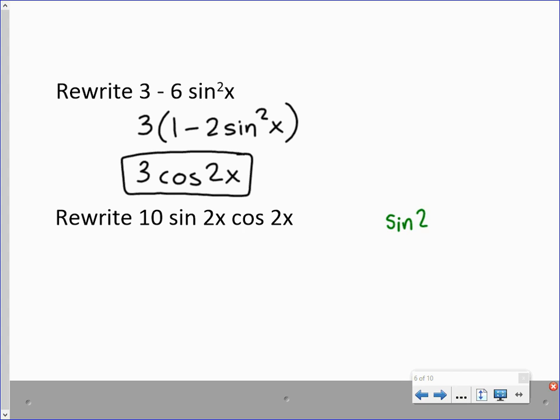Sine of 2u is equal to 2 sine u cosine u, right? That's the one it looks most like. So what you need to do is think about, okay, how can I get a 2 out front? You could take out a 2, but then it would have a 5 in front of the sine and the cosine. So instead of taking out a 2, take out a 5. So factor out the 5, break it up.